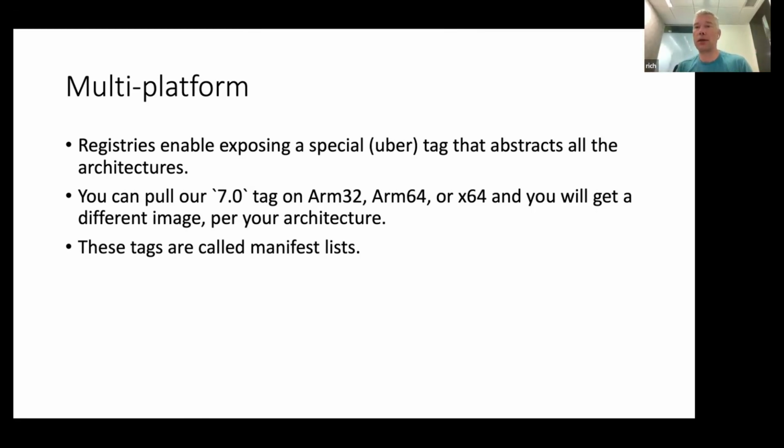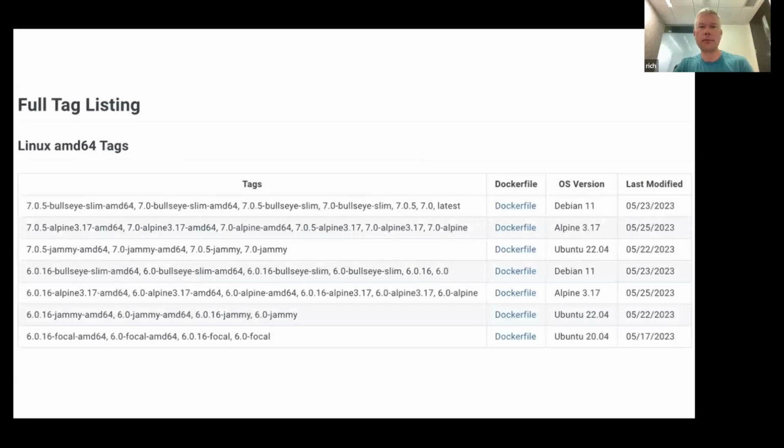Instead, they are an extra layer on top of several images, and then the Docker client figures out which one should be pulled. In my case, it was pulling ARM64 images. If you're on an x64 machine and pulling the 7.0 tag, it would pull x64, which is awesome. So here's our tag listings.